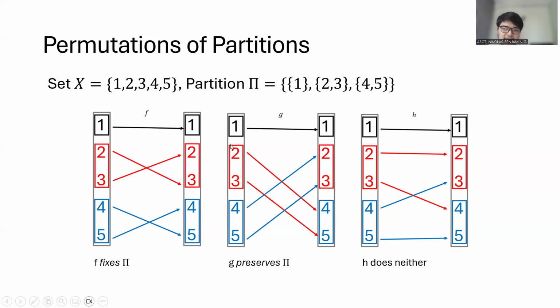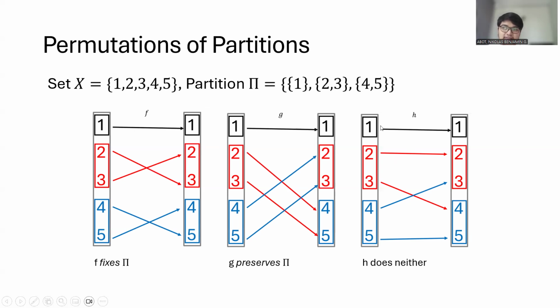Instead, the red elements are all taken to blue elements, and blue elements are all taken to red elements. However, elements that were in the same part before the mapping are in the same part after the mapping. So, instead of saying that g fixes pi, we say that it preserves pi, that it preserves the partition, or the separation and grouping of the different elements.